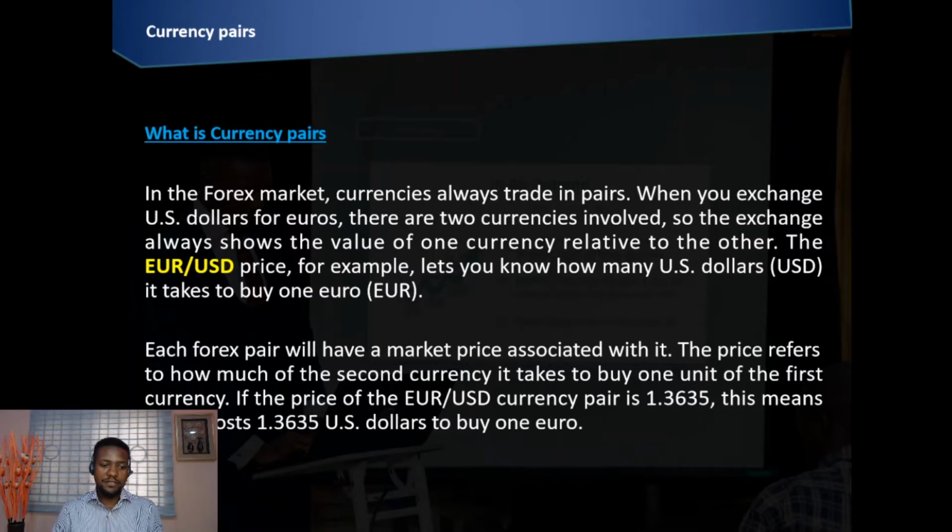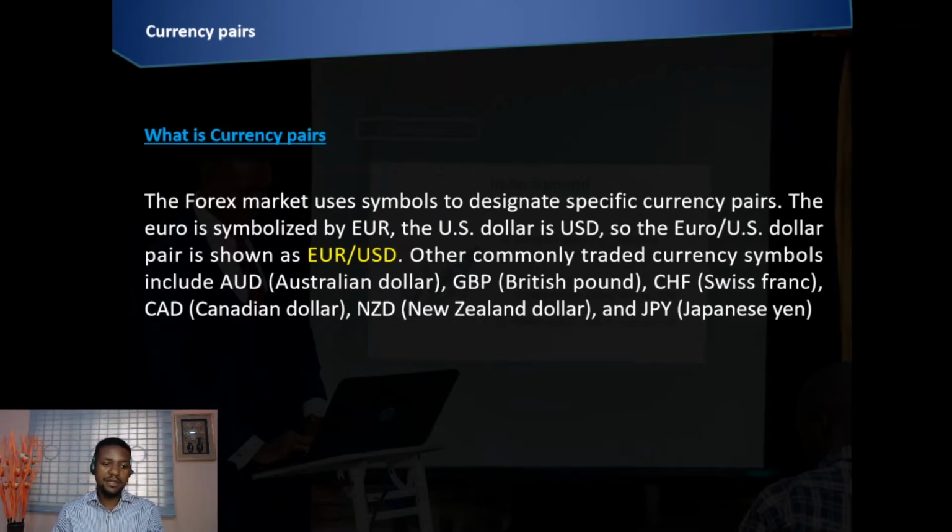If the price of Euro USD currency is 1.3635, it means it costs $1.3635 to buy 1 euro. The forex market uses symbols to designate specific currency pairs. The euro is symbolized by EUR, while the dollar is symbolized by USD.